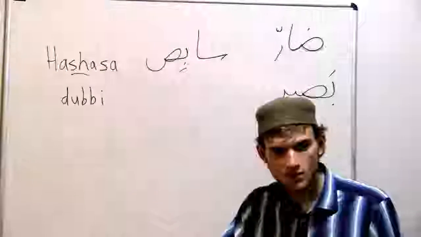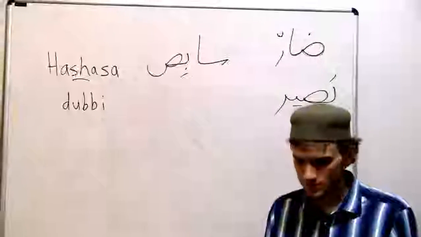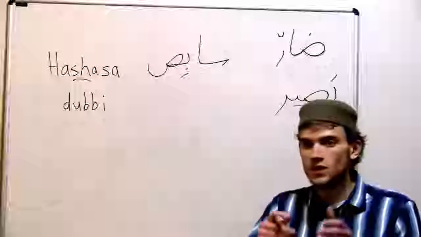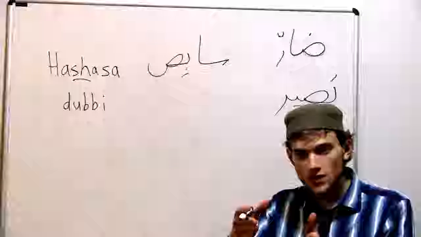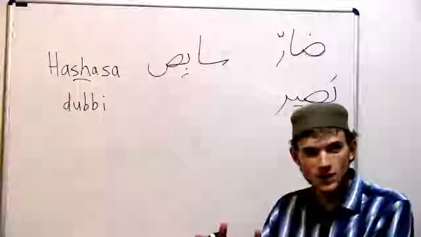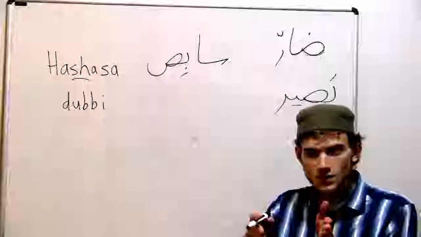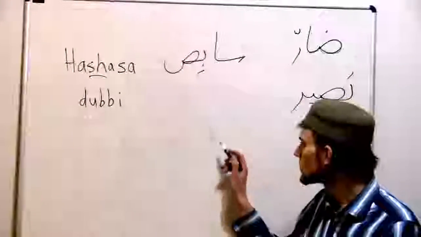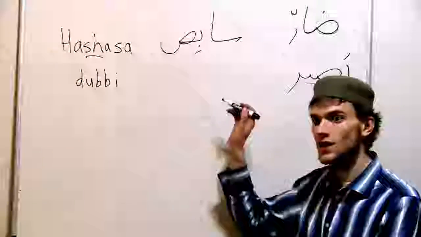In the order of the alphabet, it's a well-designed thing because it goes from letters that don't have dots to letters that do have dots, and it goes from letters with fewer dots to letters with more dots, or actually a better way to put it, letters with dots under the line, then no dots, then above the line.